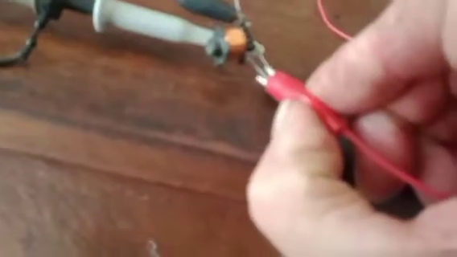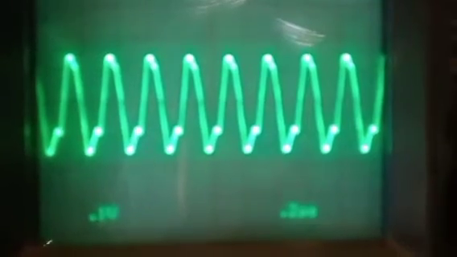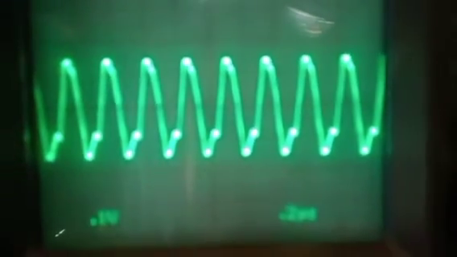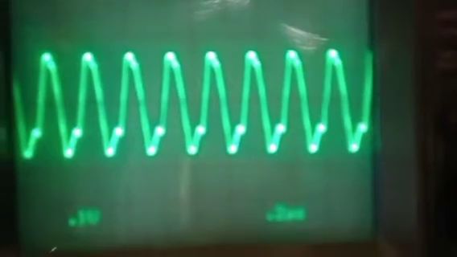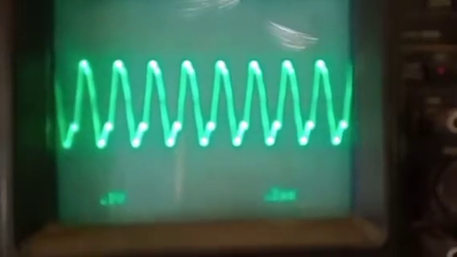Now I have soldered this silicon carbide rectifier from Cree to make the same test. So again we have a slight shift toward one side, but the current passes through.